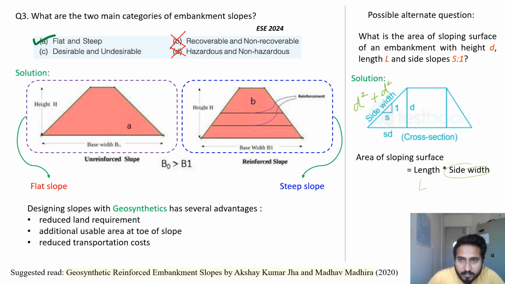That is D square plus D square S square, right? So D square will go out common, D into root over of 1 plus S square. So we can write here L into D into root over 1 plus S square. So this will be the answer.